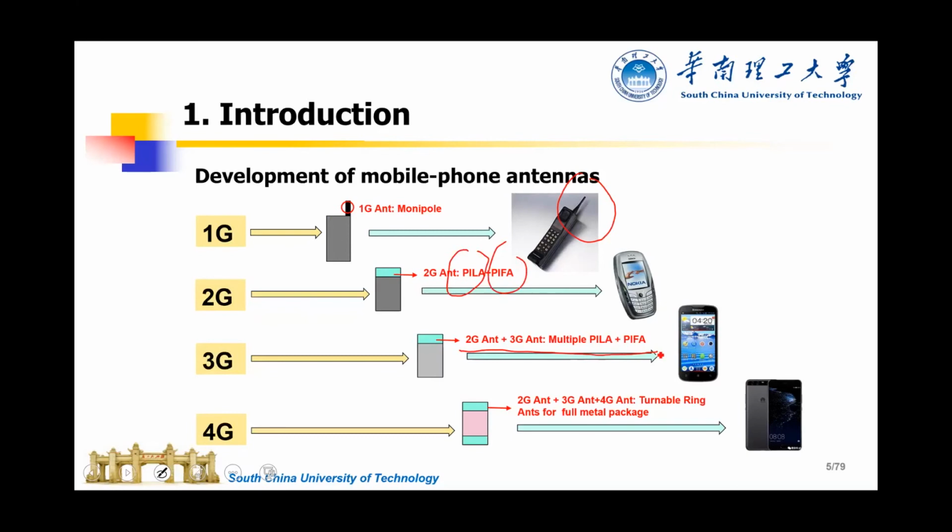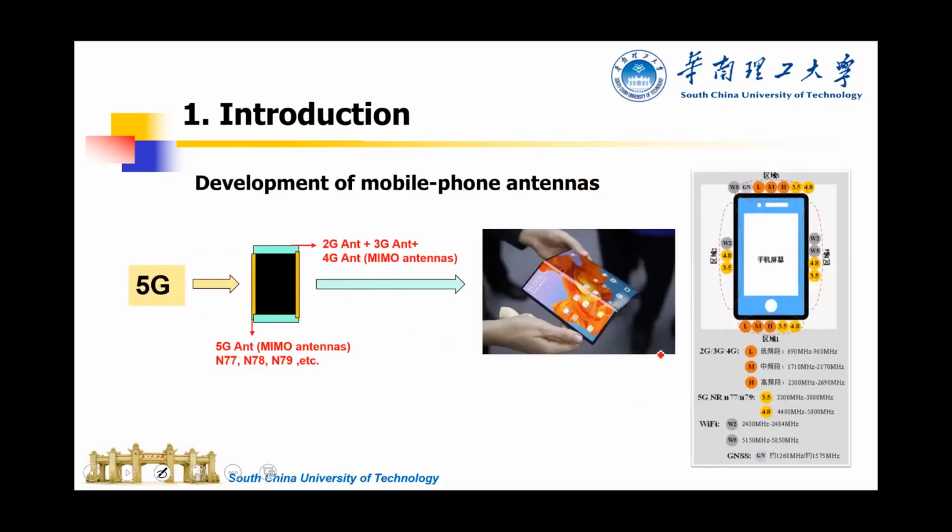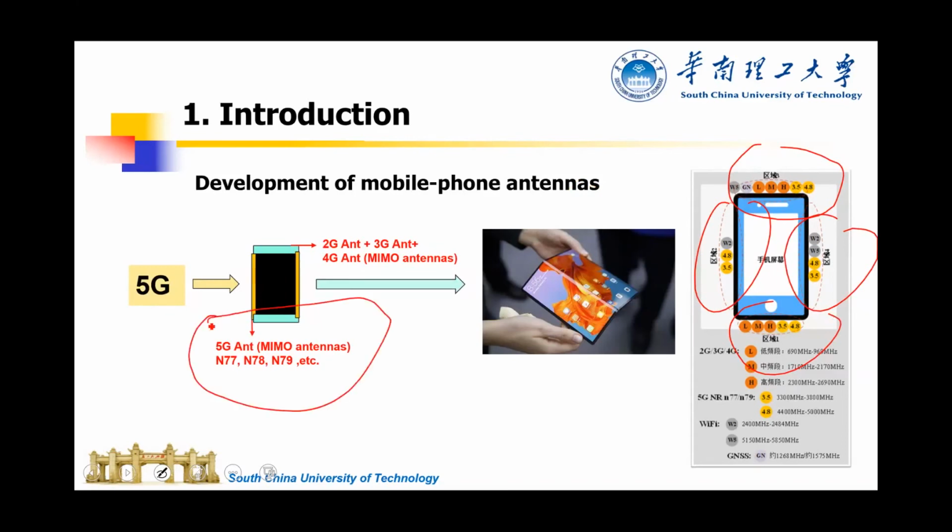Currently, in the 5th generation, as in this picture, so many antennas must be inserted in the mobile phone, with many bands. Besides the 2nd, 3rd, and 4th generation antennas, there are also the 5th generation antennas, especially the mobile MIMO antennas.